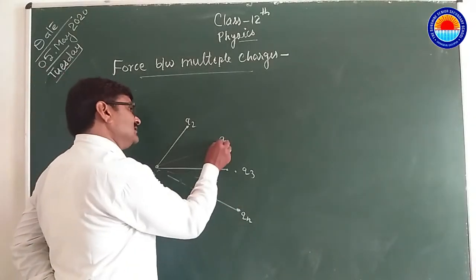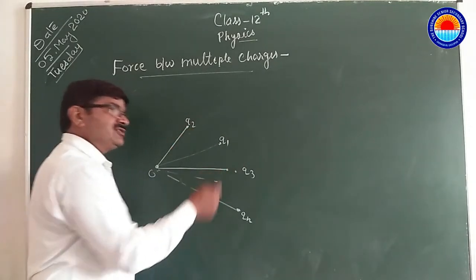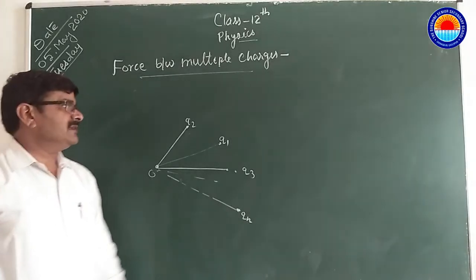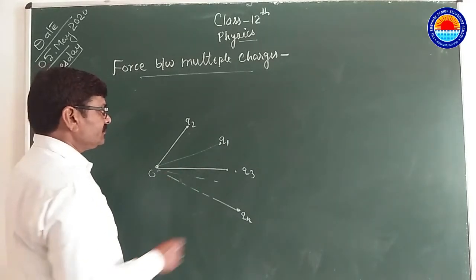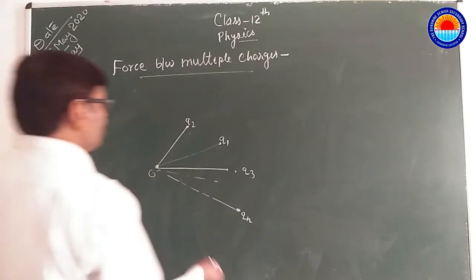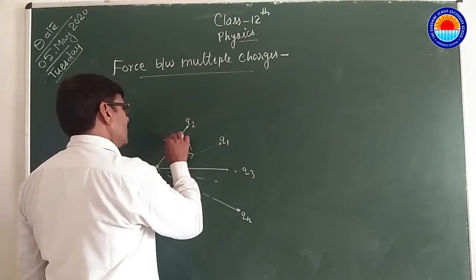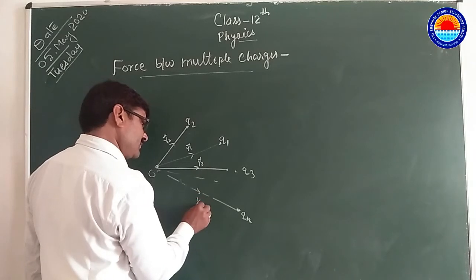Force on charge Q1 is applied by charge Q2, also applied by charge Q3, also applied by charge Q4 and so on. That means the direction of the force acting. Suppose the position vectors of the charges are R1, R2, R3, Rn.